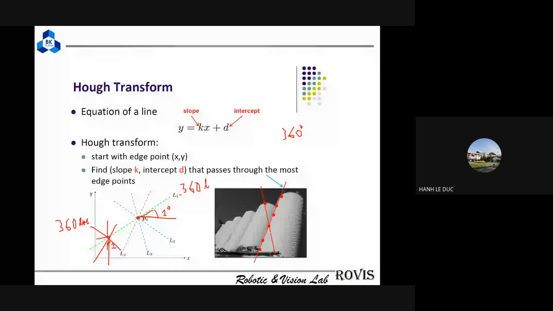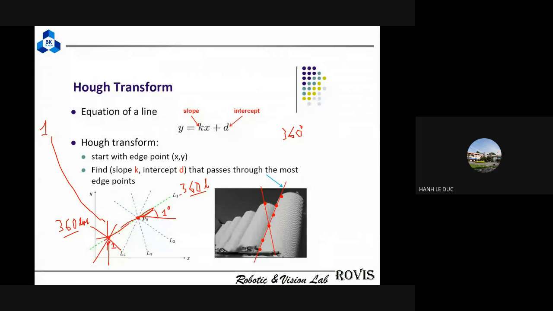But among the 360 lines here and the 360 lines here, there will be one line that is similar. That means this one has one line going through it, and this one will have one line going through it.